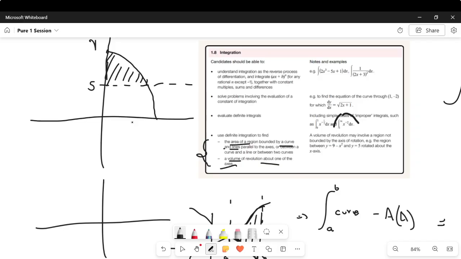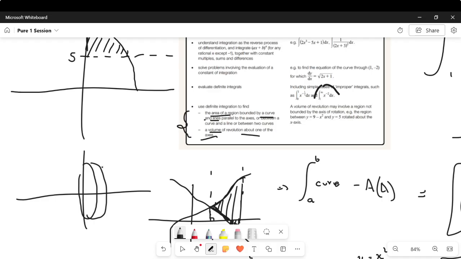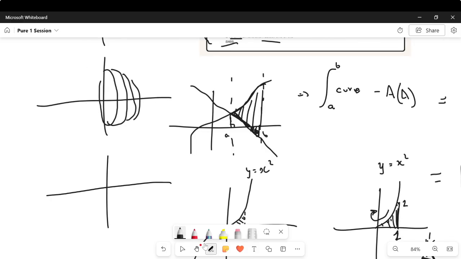Anyway, think about it as if you were to revolve 9 minus x square, you'd end up getting something like this. If you were to revolve y is equal to 5 about the x-axis, you would get something which looks like this.